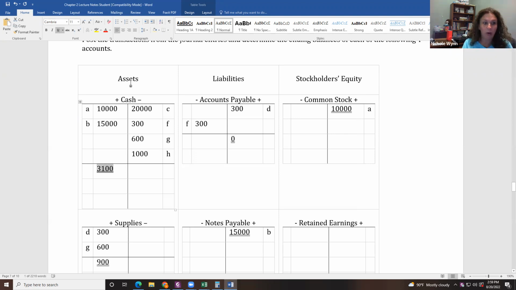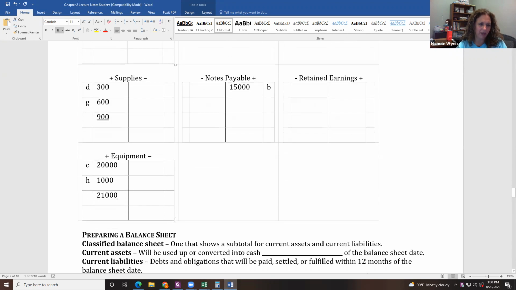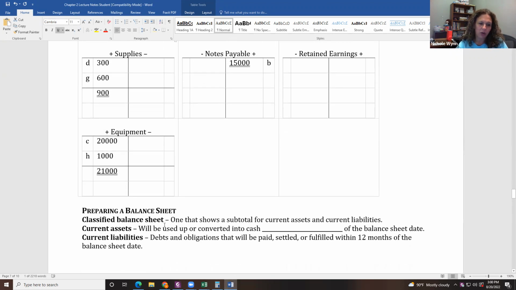So at this point now, I have found transactions to create balances, and I can go on and do a balance sheet. So now I know the balance in cash is 3,100, supplies, and so on. As we do balance sheets, we're going to start doing fancier ones as we move forward. So we're going to identify if they're current or non-current.